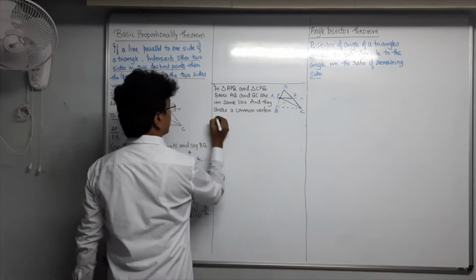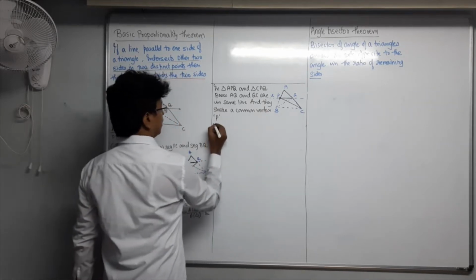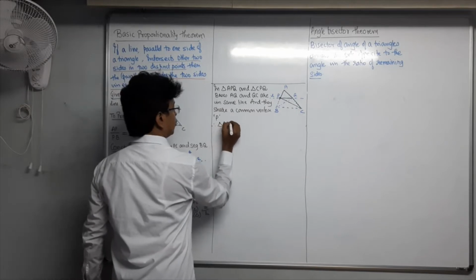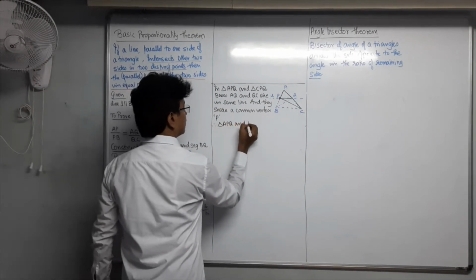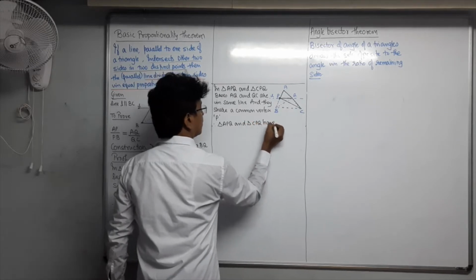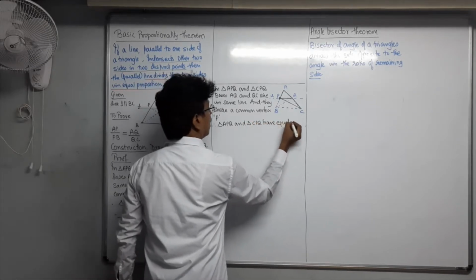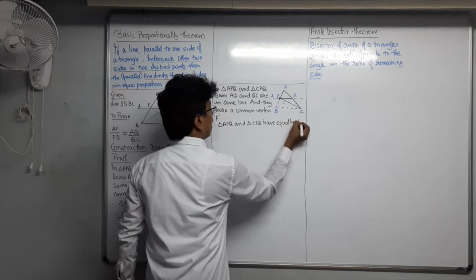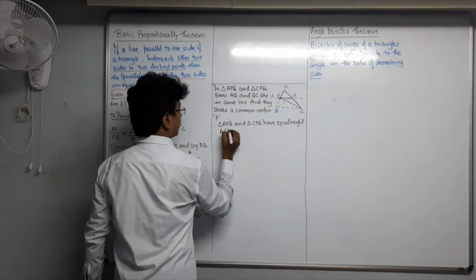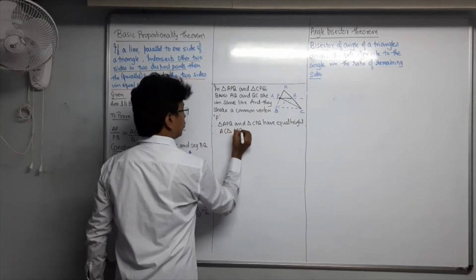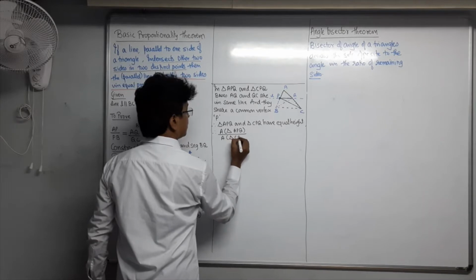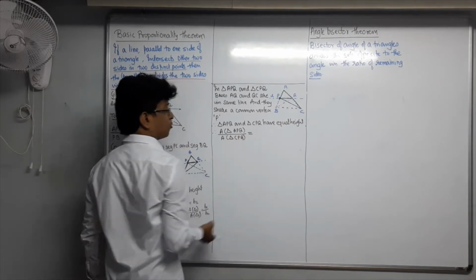What is that vertex? P. Therefore, triangle APQ and triangle CPQ have equal height. Therefore, area of triangle APQ upon area of triangle CPQ is going to be equal to what?